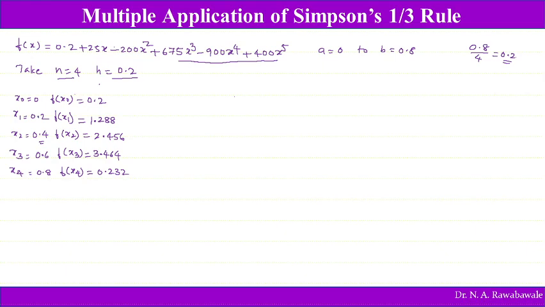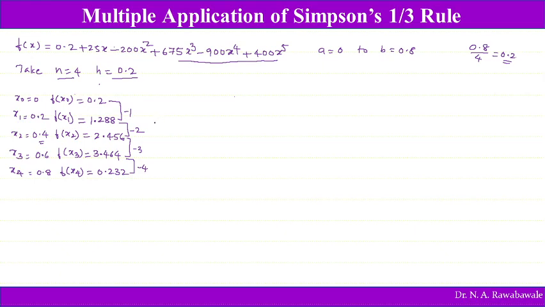So here we have divided it into 4 segments. Between these two we get the first segment, between these two the second segment, between these two the third segment, and between these two the fourth segment. So these are 4 segments and 5 points: 1, 2, 3, 4 and 5. That is 0, 1, 2, 3, 4. So 4 segments and 5 points.